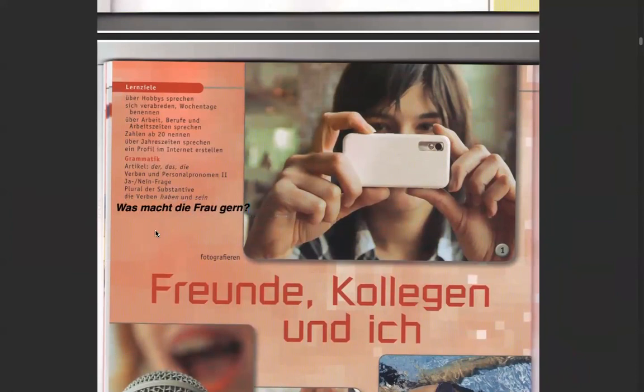Was macht die Frau gern, Shilpa? Try speaking the whole sentence with a pronoun, guys, because when you speak the whole sentence with a pronoun, you will make mistakes and I'll correct you, and that is how you're going to learn. The answer doesn't matter, okay? We are not here to solve exercises. Use the pronoun, even when you're talking about yourself, ich, okay?